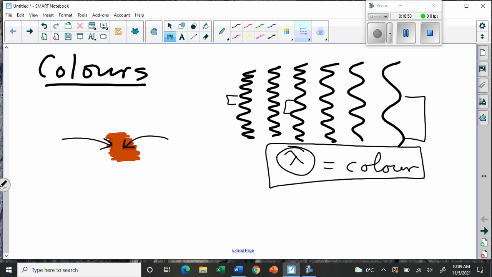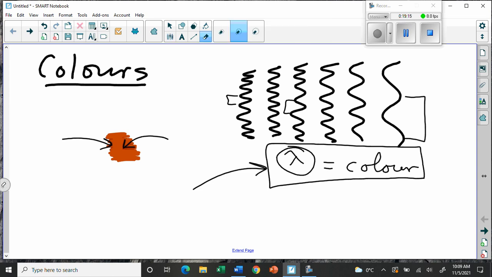Who knows? So there's color in terms of how people see it, but there's also color in science, which is very specifically a measurement of the wavelength of the wave. All right, now that we've got that out of the way, let's look at how humans see color.